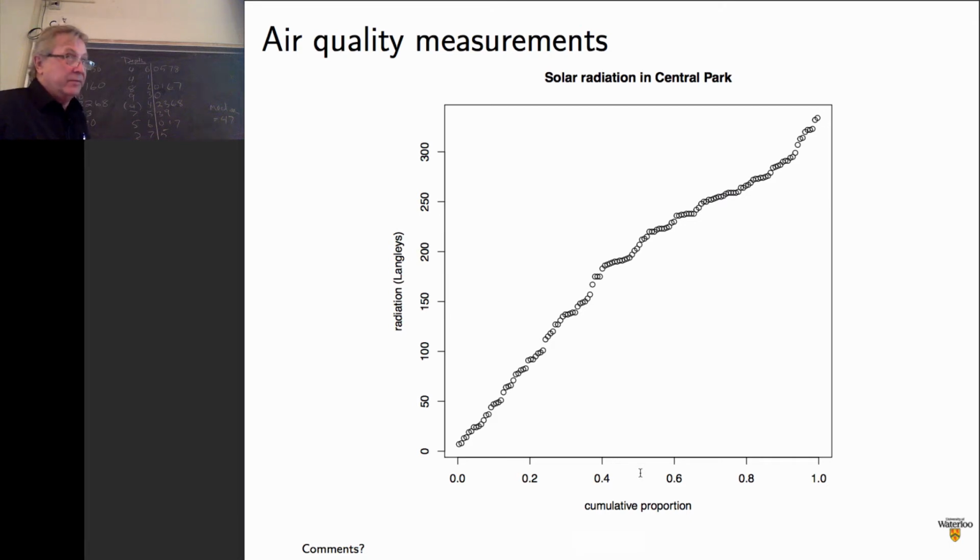What would be the location? Where do these measurements in Langleys, the median value, for example? Looks like somewhere around 200. So you can get that.